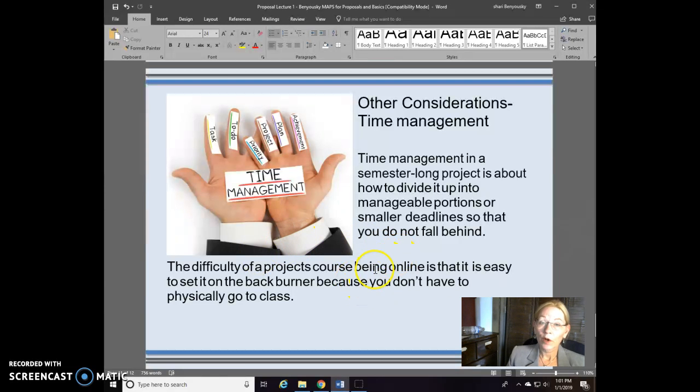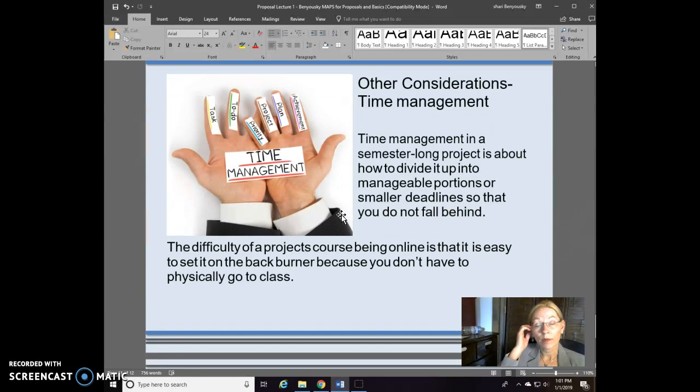This gets to be difficult because you're not physically in my class looking at me on a weekly basis. So you have to do this on your own. I highly recommend that you set aside some time each week and do it at the same time, the same amount of stuff, so that you're continuing to work through this project. Because when you get to the end, you really do not have time to catch up. This requires constant attention.